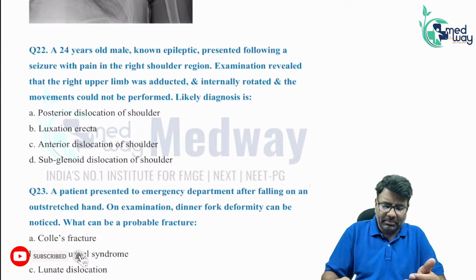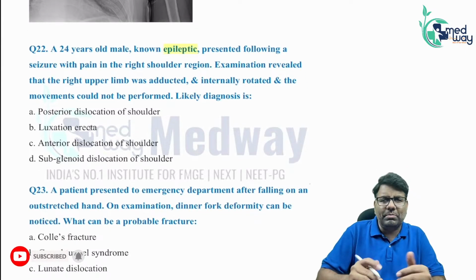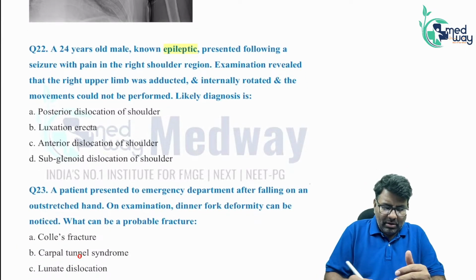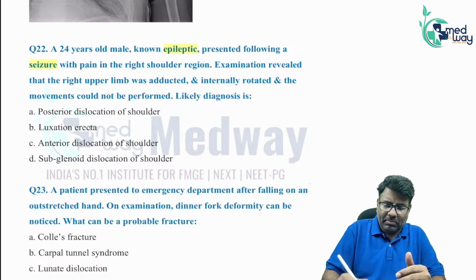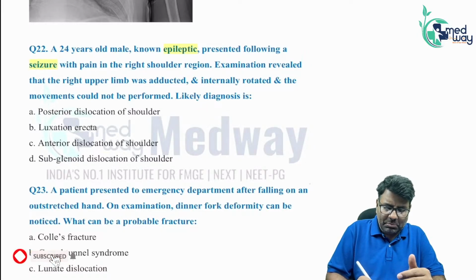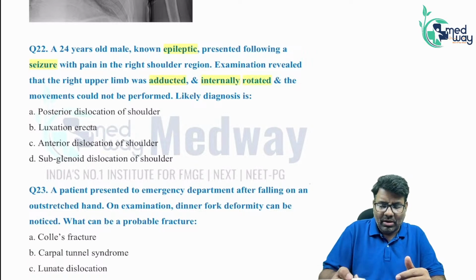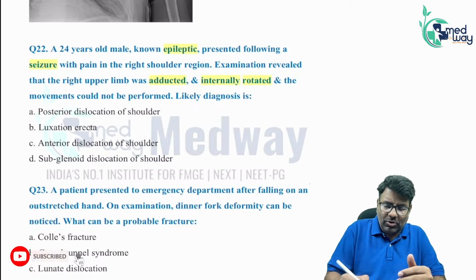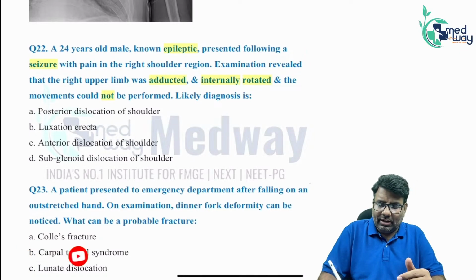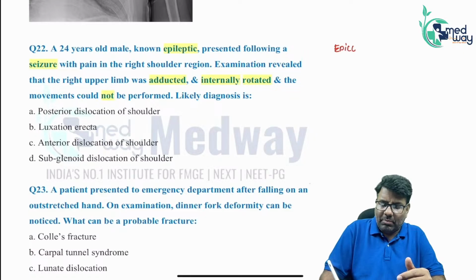And moving forward, an epileptic patient. There is an epileptic fit, and after that, he has pain in the shoulder region. When the upper limb was examined, it was adducted and internally rotated, and movements could not be performed. So one of the important things is the epileptic fit.